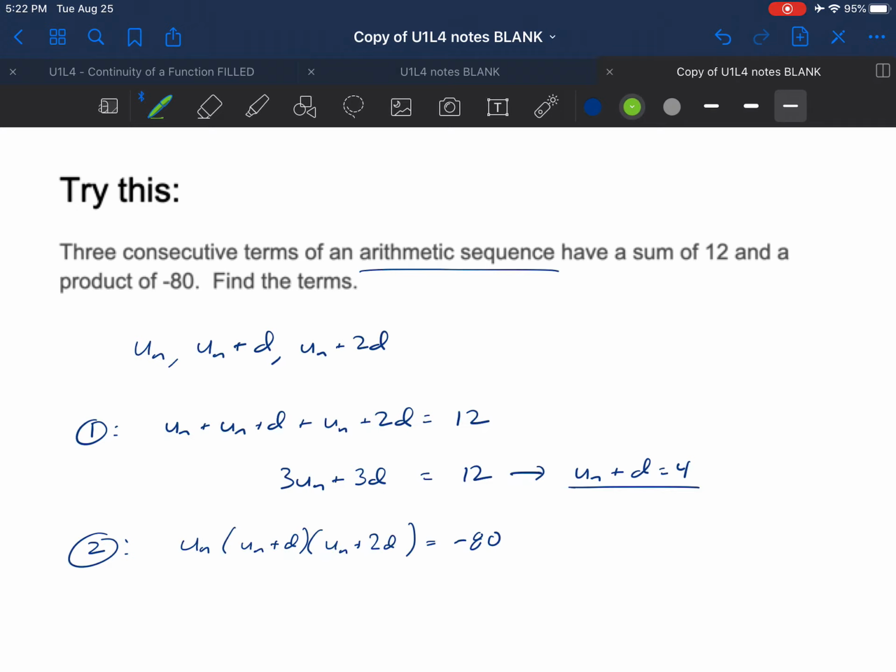From this equation here, we know that u sub n is equal to 4 minus d.